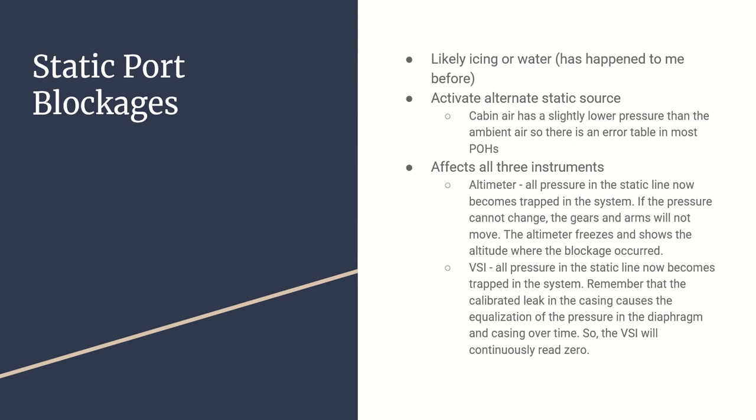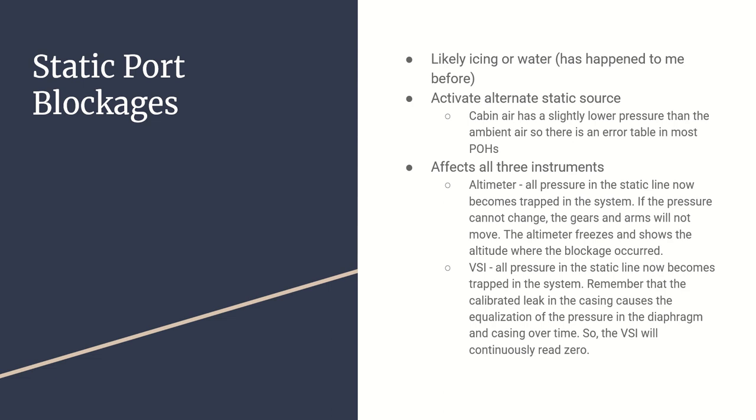That's the pressure that's fed to all three instruments and is not going to change until that blockage goes away. So if you've got the static port blockage, right, your altimeter will remain kind of normal seeming to you if you do not change altitudes. The place where most people figure out they have a blockage is when they change altitudes, right?